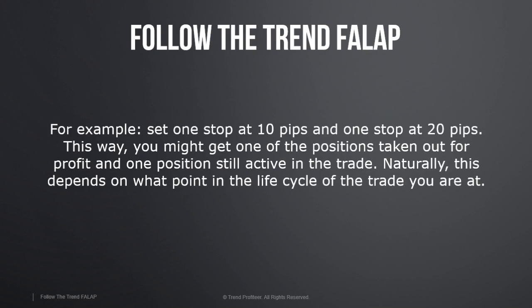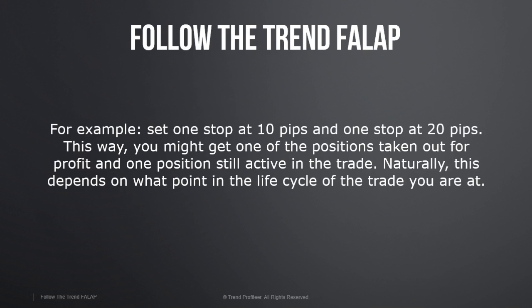And if it moves in your direction, then you could be up for another 50, 100, 200 pips, and you'll be grateful that you stayed in the trade longer to capitalize on those extra pips from the continuation of the move.